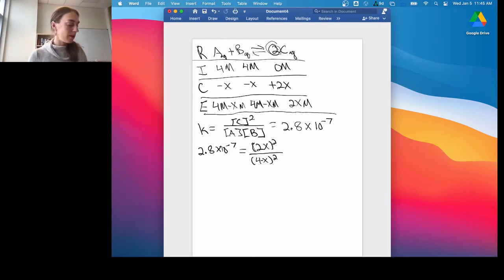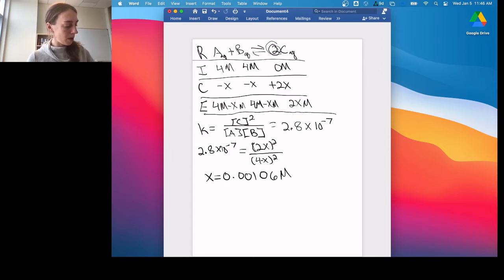What you could then do is take the square root, solve for x, so on and so forth, but what we will find is that x equals 0.00106 moles.